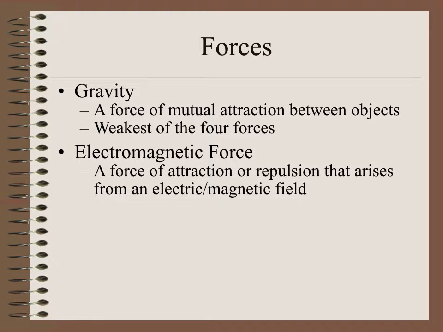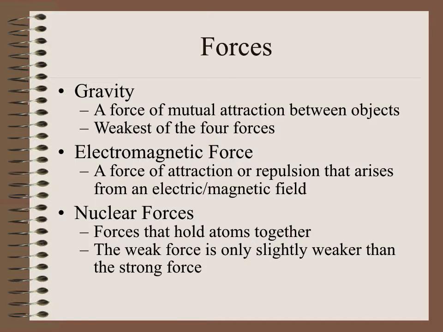The electromagnetic force is a force of attraction or repulsion that arises from an electric or magnetic field. So this is a push or a pull that will pull things together or push things apart because it's attraction or repulsion. And you can see these very easily with magnets, where you can have 2 parts of a magnet pull together or 2 parts of magnets that push each other away from each other.